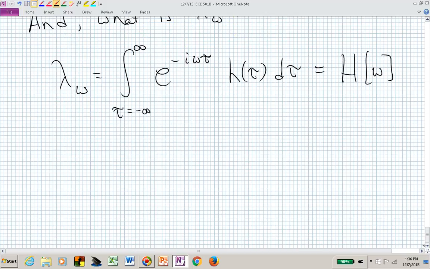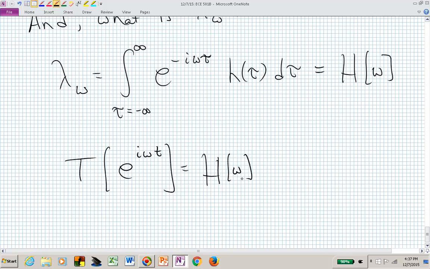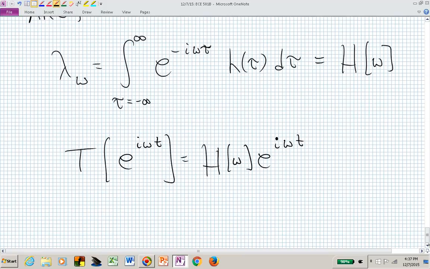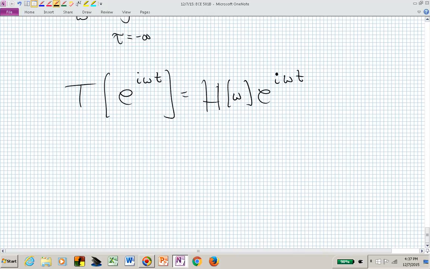Or you could now say that T applied to e to the i omega t is now going to be H of omega e to the i omega t. And what we now have seen is, instead of worrying about a finite number of eigenvalues, we have an infinite number of complex values contained in this function, capital H of omega, or this lambda of omega.